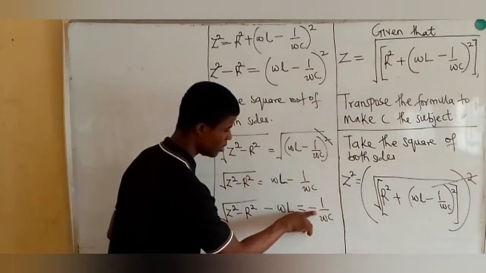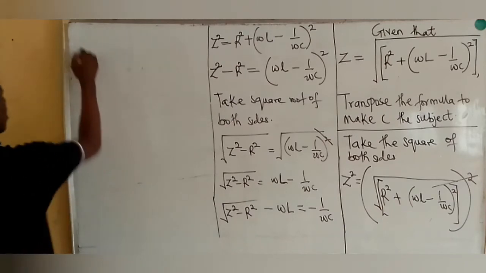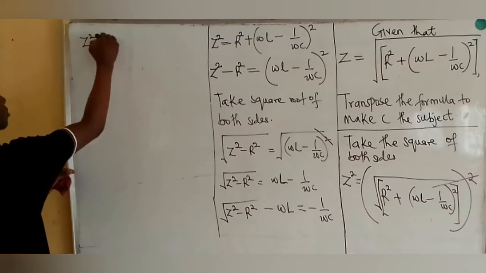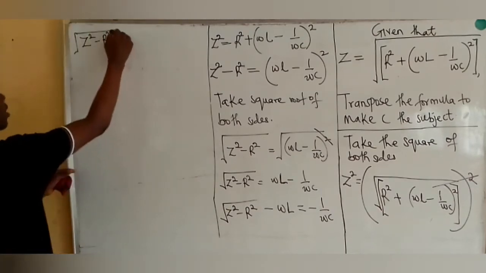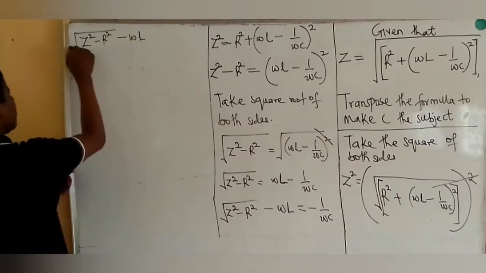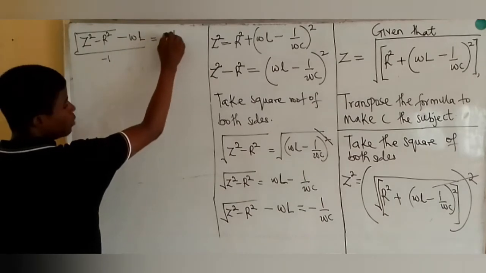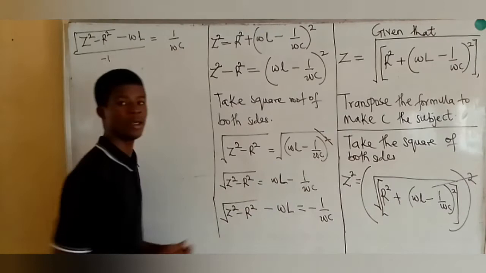Let me eliminate this minus. So I'll now divide this side by minus 1. I have square root of Z squared minus R squared, minus omega L, divided by minus 1 is equal to 1 over omega C. If I divide this one by minus 1, the minus will disappear.